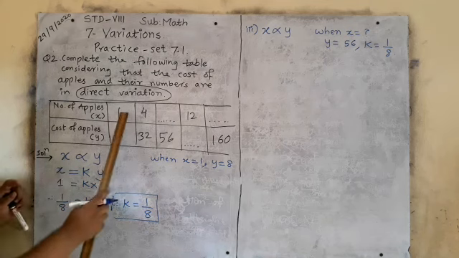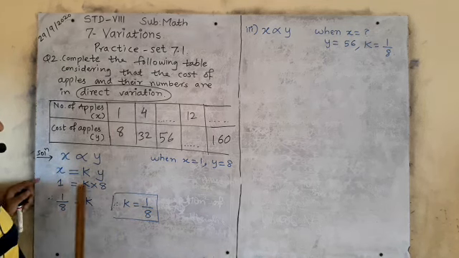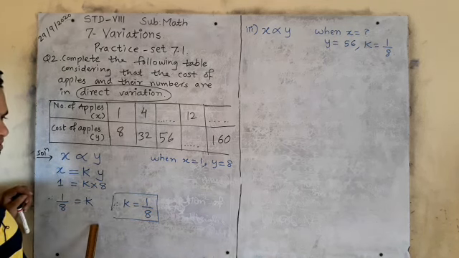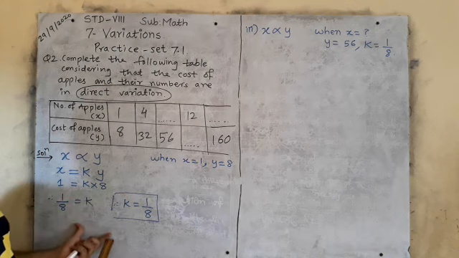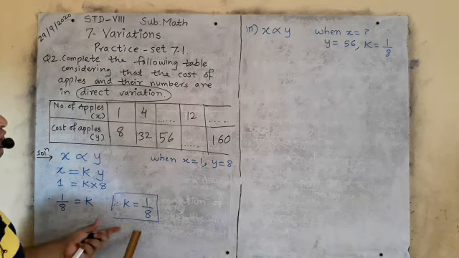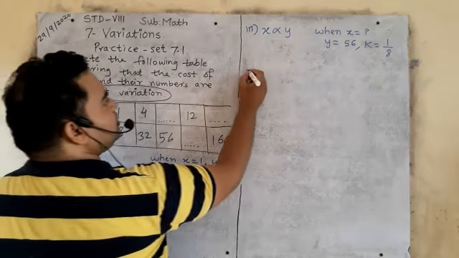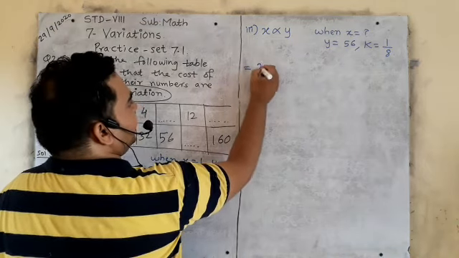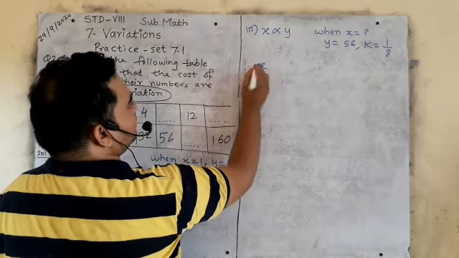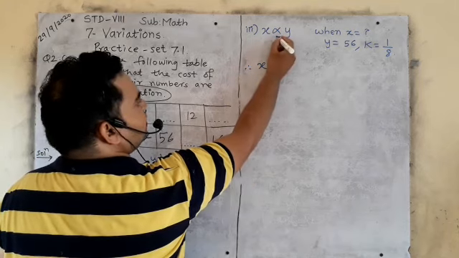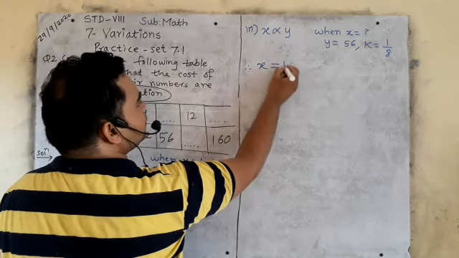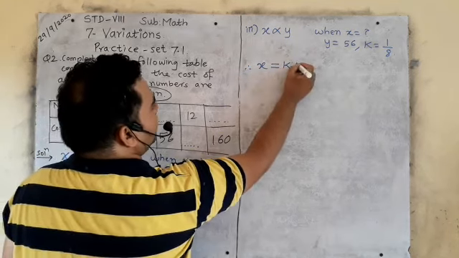It means by using the given quantities, you will find out the value of K. First you have to find the value of K. Once you got the K value, then use the K value everywhere, wherever you want to solve. Okay, this third, fourth and fifth. So X is directly proportional to Y. Therefore X, in place of alpha you will write equals to K and Y as it is.